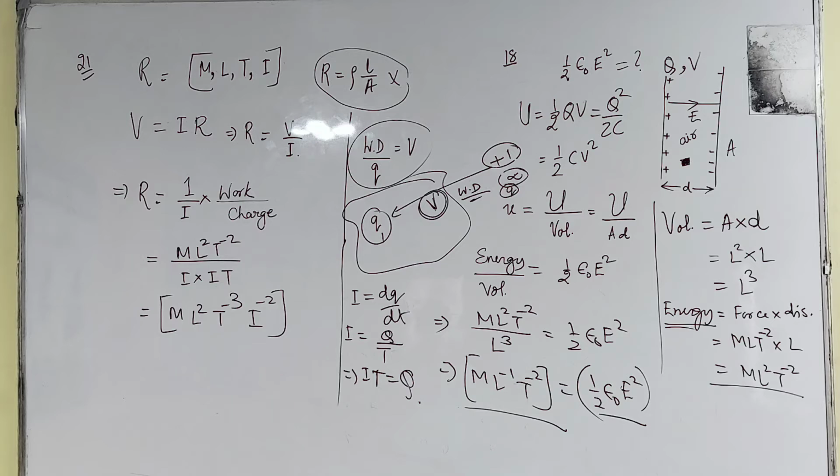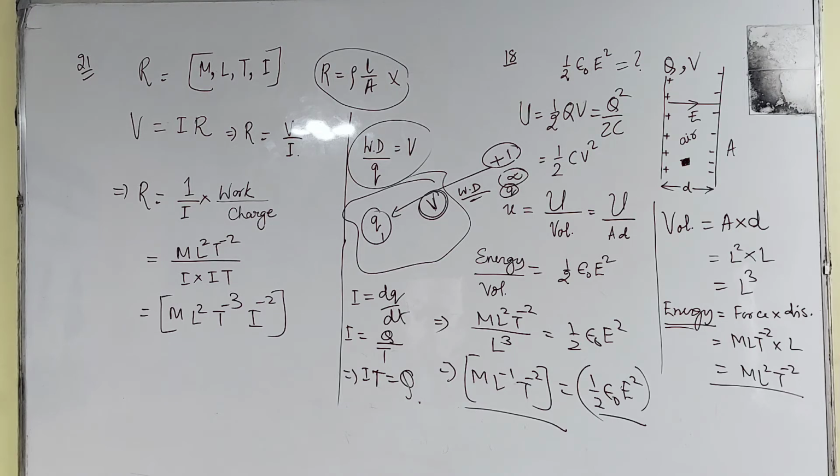Let us do question number 32. I think we have done question number 17, in which I briefly described the difference between epsilon naught and mu naught.